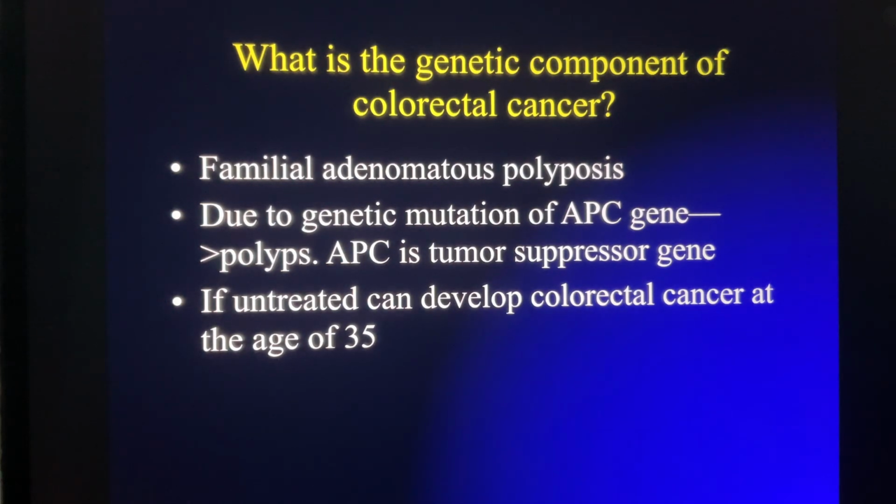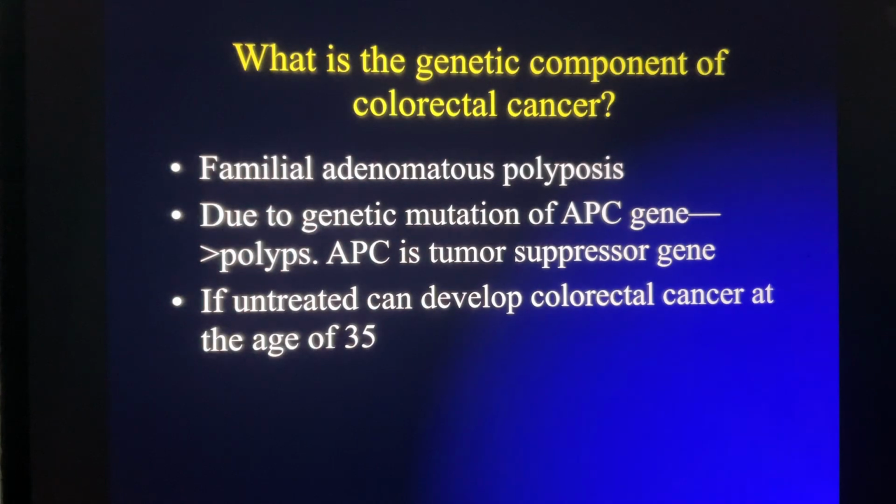Another genetic disorder that has an association with colorectal cancer is Lynch syndrome. However, for the purpose of this video, I am going to concentrate on familial adenomatous polyposis. So this disorder happens when an individual has a mutation of the APC gene. The APC gene is a tumor suppressor gene, and when it is mutated, an individual can have familial adenomatous polyposis.